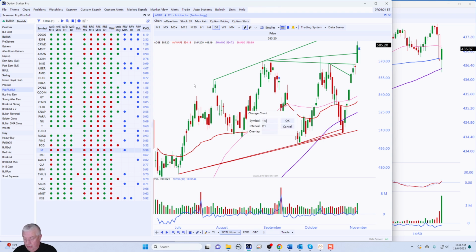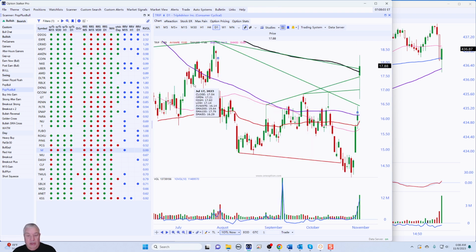TRIP was another stock that I just mentioned that was traded yesterday. Beautiful big breakout here through the 100-day moving average, through all of these trend lines as well. So all of these features within Option Stalker Pro support our decision making on why this stock looks so good.